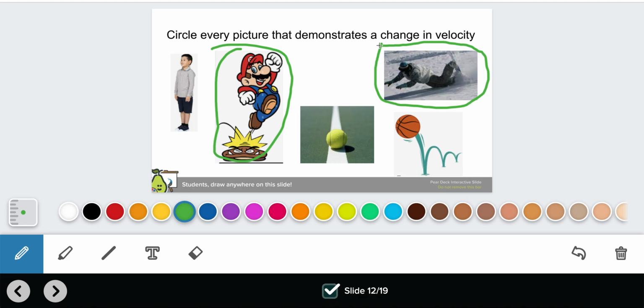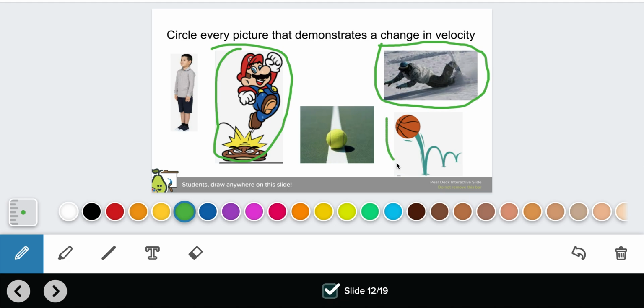If you've ever seen anyone ski, skateboard, or snowboard, when they fall forward, you're still moving the same direction you were going originally, but you're slowing down so much and very, very fast. You're decelerating at a very fast rate. So since he's falling, his speed is changing, therefore his velocity has changed.